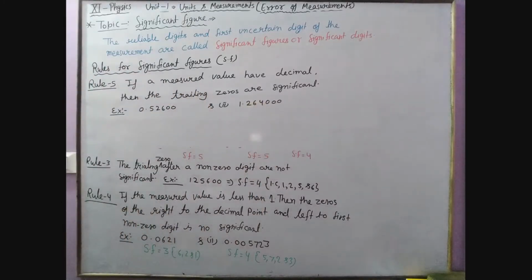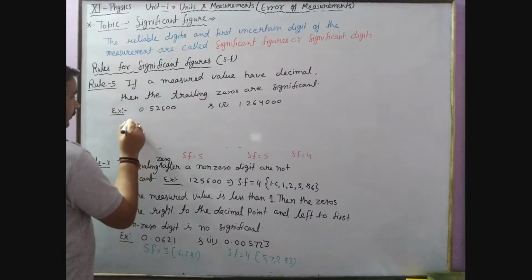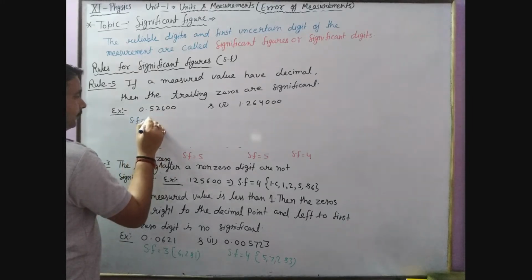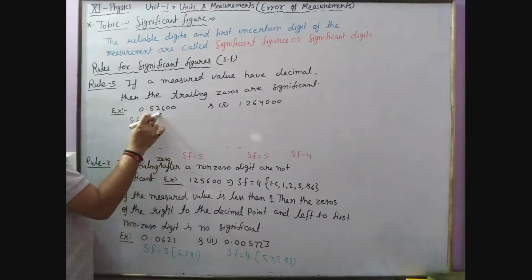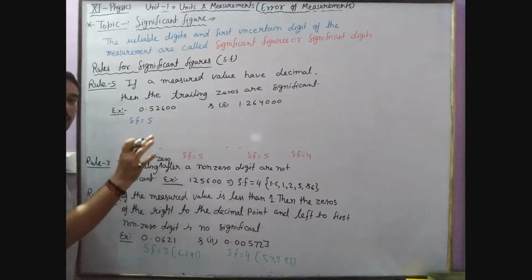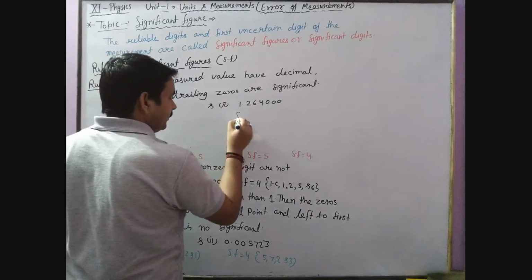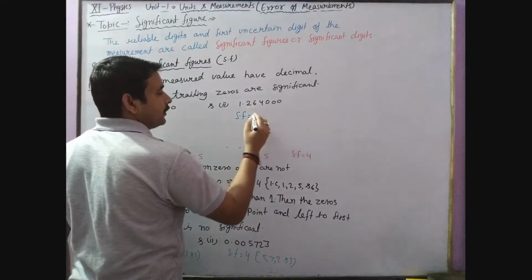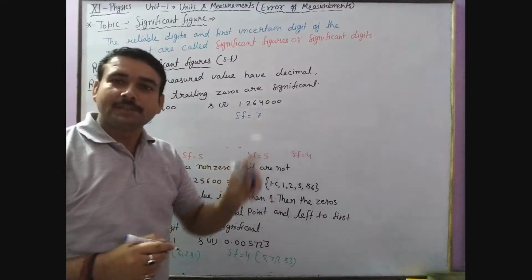Okay, then in the first example the significant figures are 1, 2, 3, 4 and 5, which means because the measurement has a decimal and after the decimal the trailing zeros are counted as significant figures. Similarly here the significant figures are 1, 2, 3, 4, 5, 6, 7 because the trailing zero after the decimal is countable.